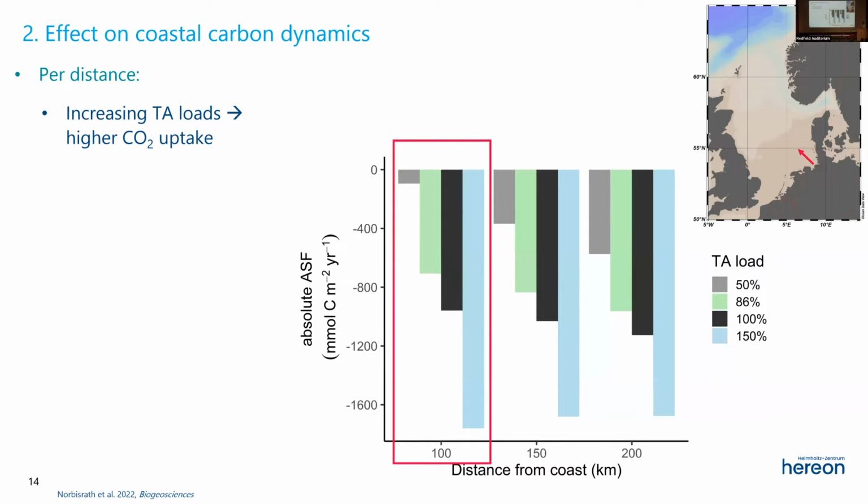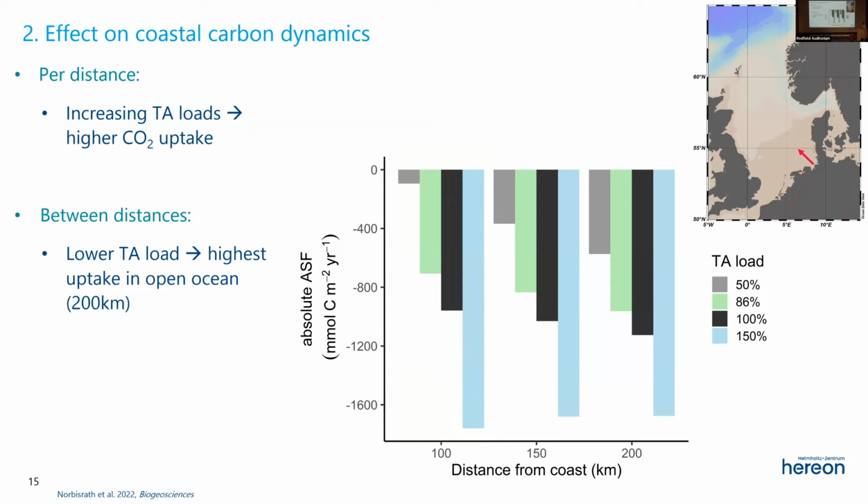And by doing so, a result of this model was absolute air-sea fluxes of carbon into the ocean at different distances at sea. So we have 100, 150, and 200 kilometer distance from the coast. When we look at one distance, we can see that with a higher alkalinity load, we also have a higher carbon uptake in the ocean at every distance.